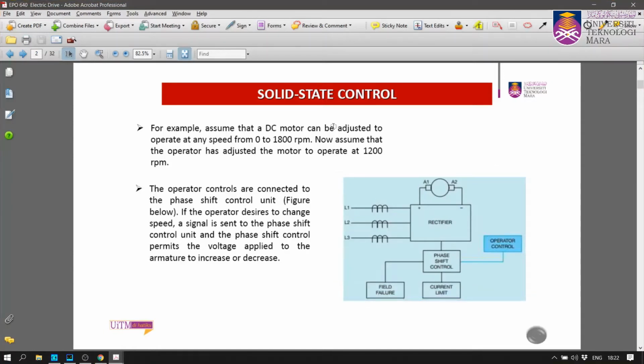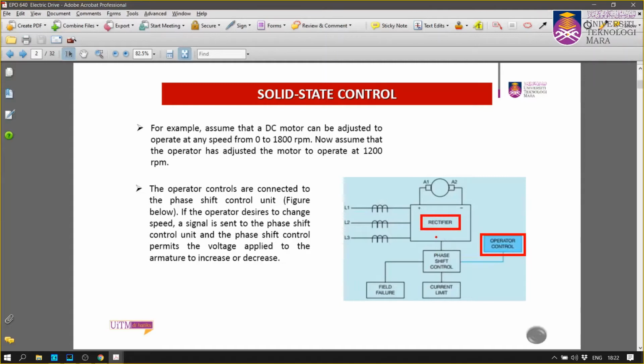You send a signal to the operator control here, so you will produce what we call control elements in the phase shift control here. It will change the behavior, the operation, of the rectifier. Therefore, you will change the DC voltage.